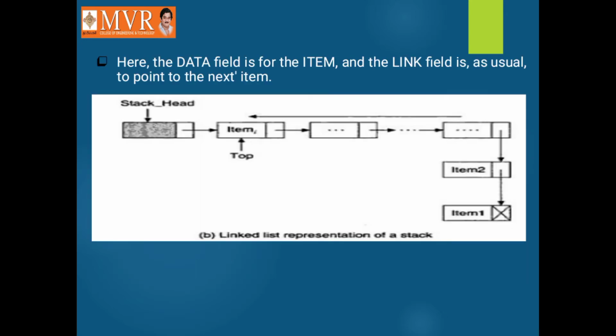As I have told you, after the stack header, the last inserted item, that is the item presently inserted, will be after the header, and the first inserted item will go to the end. Okay. As you have seen, item 1 is at the end of the linked list, and item I, that is recently inserted, is placed after the header. Okay.